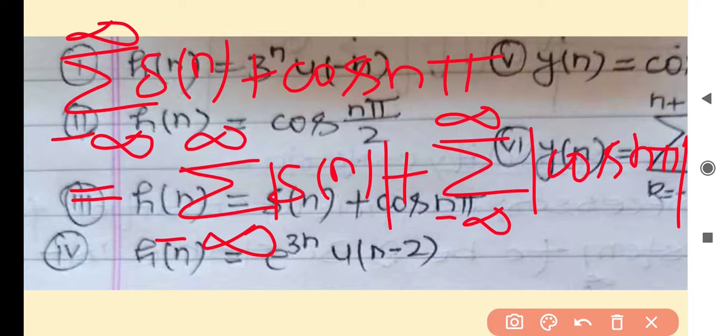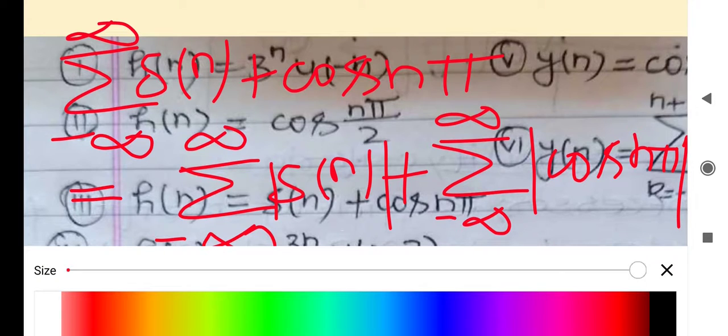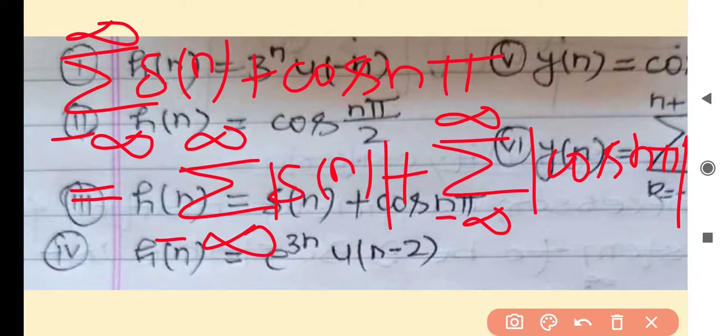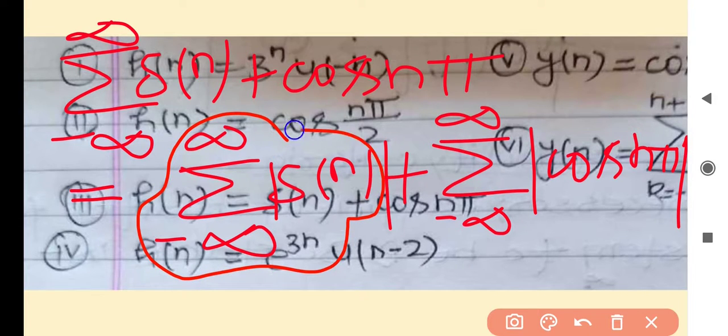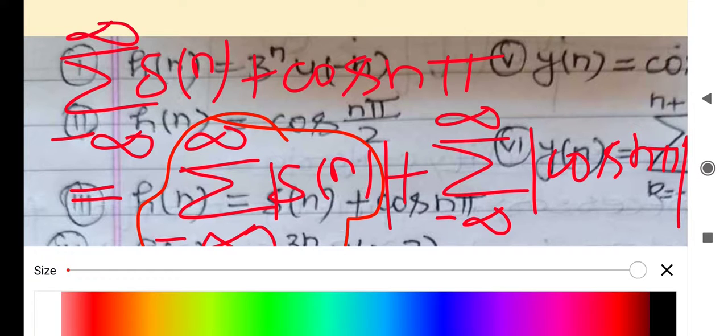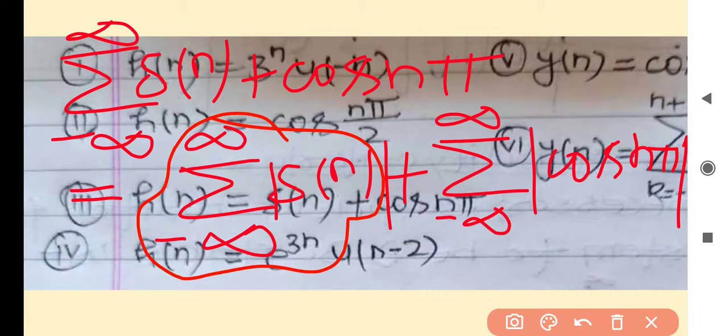The first summation will give value equal to 1 when n is 0, and for the other values of n, the value of delta n will be 0. So value of this summation will be 1.